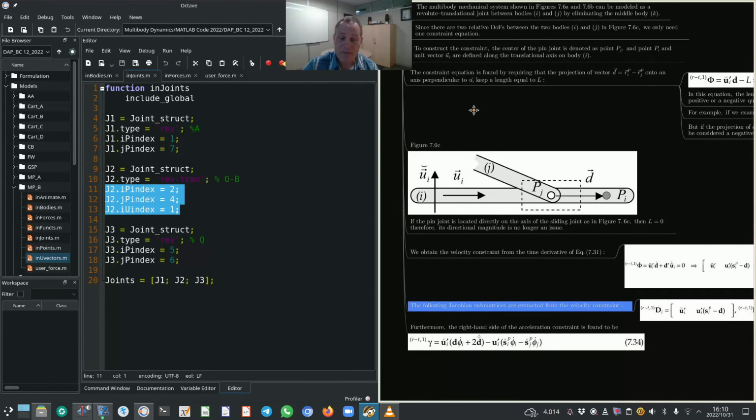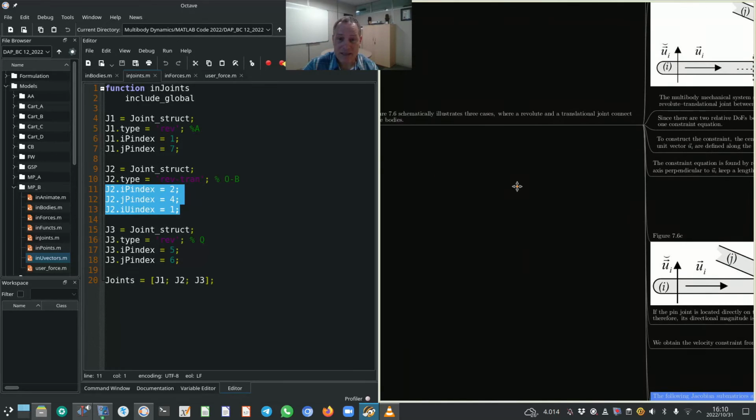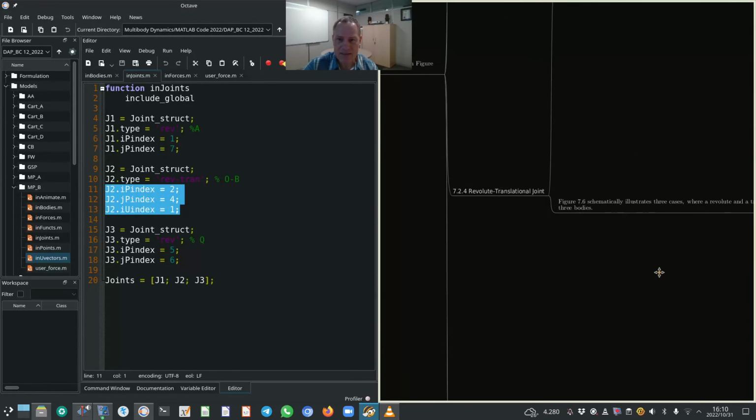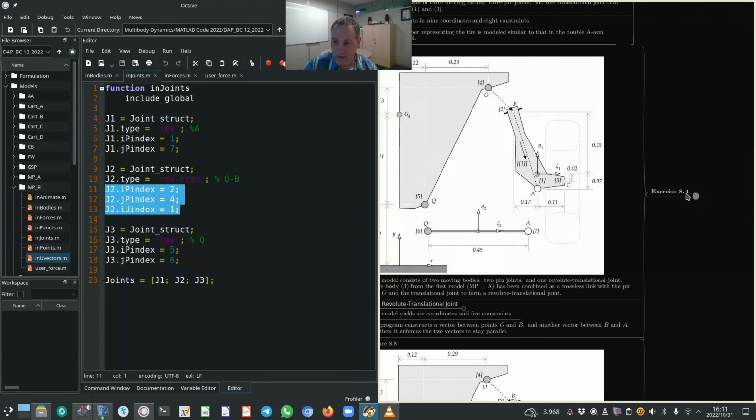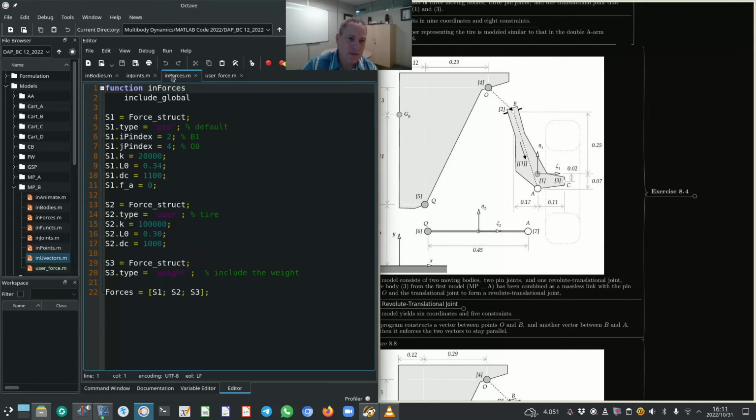So to wrap up this second model of the McPherson strut suspension for exercise 8.4, how the forces were specified, and this is exactly the same as for McPherson suspension underscore A. So what you see here is the input M file for forces for McPherson underscore B.